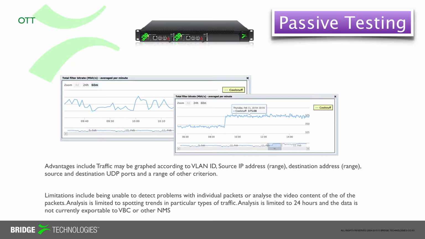So this gives us an ability to filter some of the traffic. But the problem with the passive testing in a Bridgetech probe is that it doesn't currently generate any alarms. So although we can graph the traffic and we can see some data and figures, we can't actually cause any alarms to be fired. Here you can see some of the graphs. We'll look at these in a bit more detail when we actually look at the live probe.